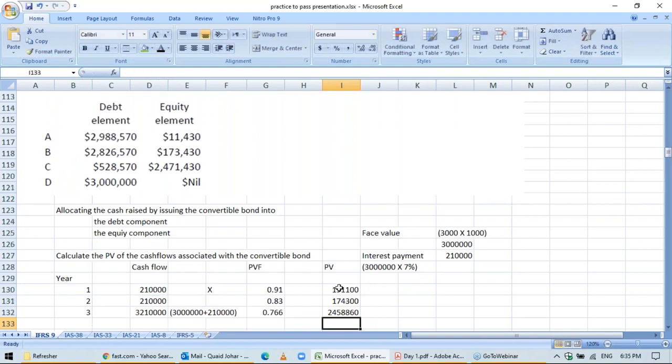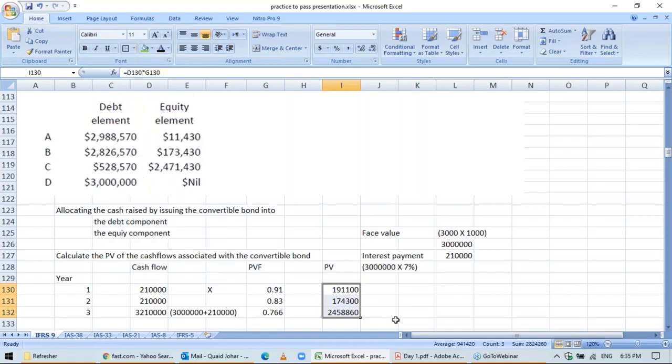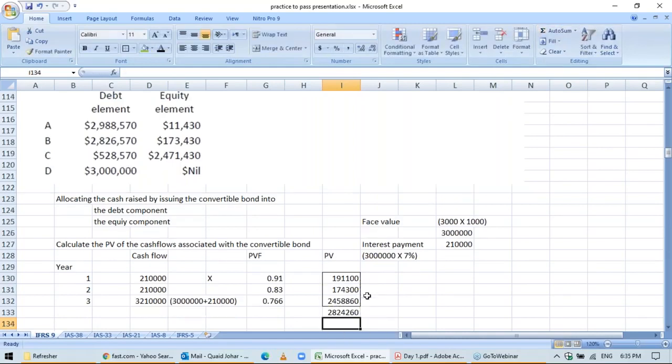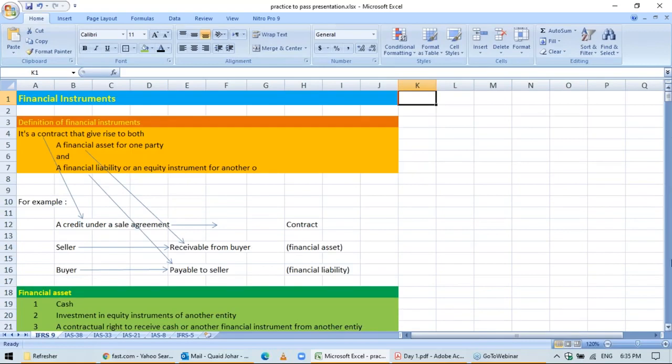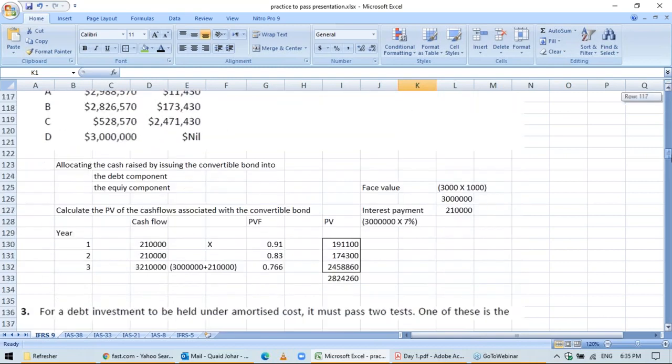Now the sum of all these three items will give you the liability component. So here you arrive at the liability component. Okay, so this is your liability component.